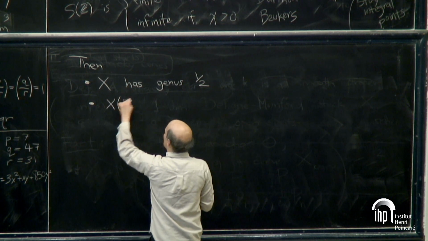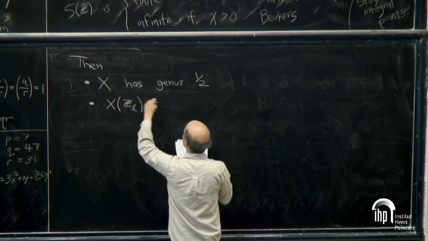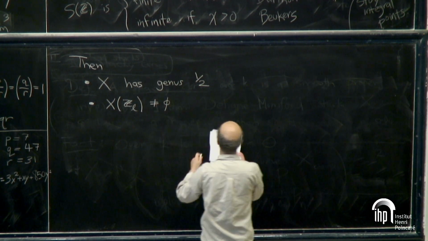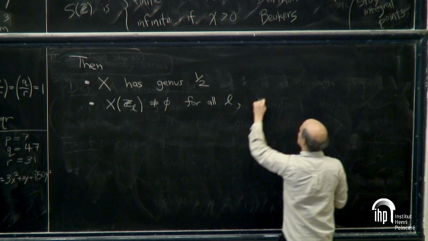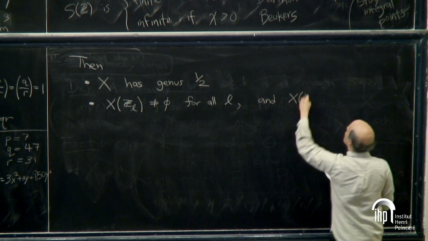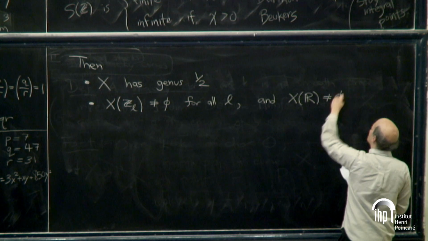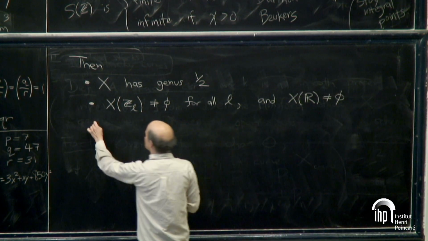And then you can check that it has local points, has a Z_l point for all primes l, and also a real point. But it doesn't have any integer points.